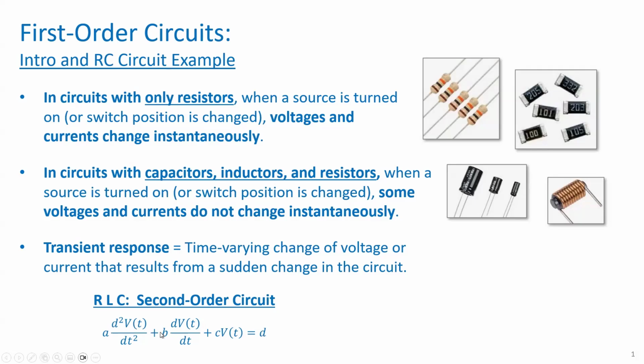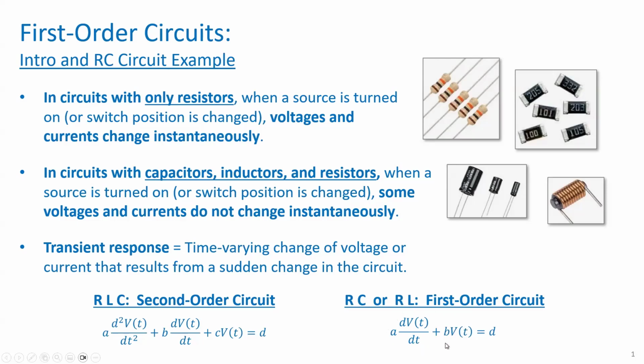So here, this voltage is represented by a second order differential equation that might have resulted from some KVL or KCL equation. If you have only R's and L's or R's and C's, an RL or an RC circuit, you're going to wind up with a first order differential equation.